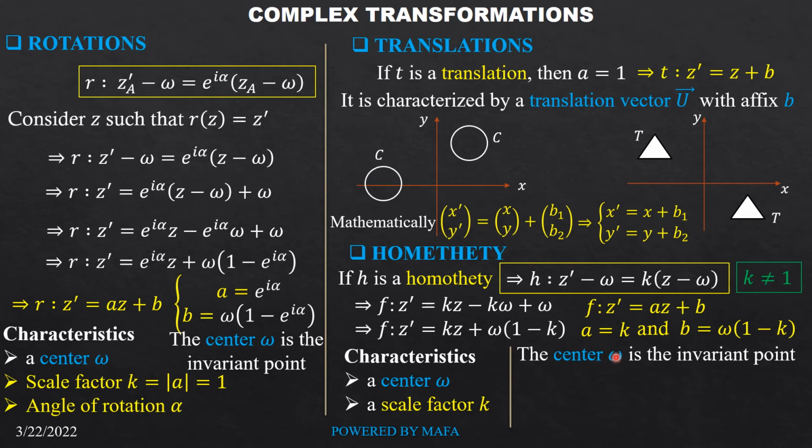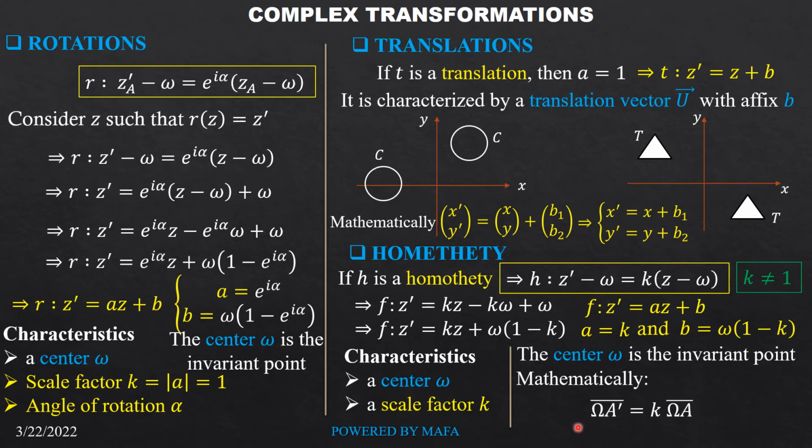The center is definitely the invariant point, as we saw. So for every complex transformation with a center, that center is simply the invariant point. So to find the center, you simply find the invariant point and you're done. So mathematically, what are we saying?